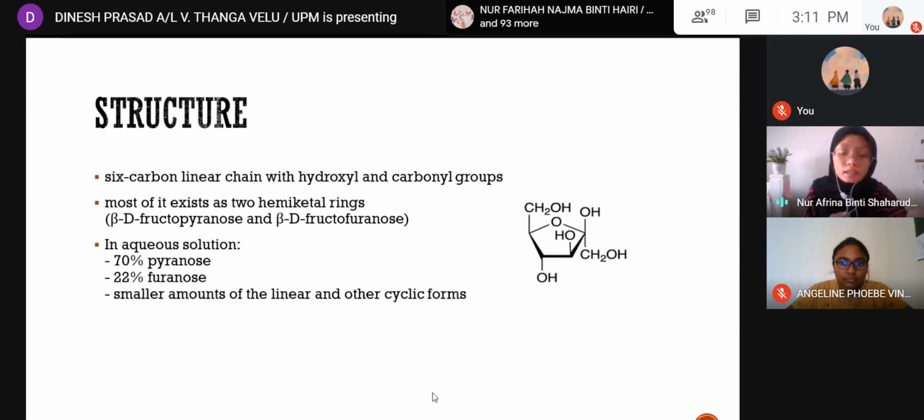So we can see here the structure of fructose that we commonly see. Actually, if we first learned from matriculation or asasi or diploma, maybe the common structure that we have seen is this structure. This structure is named beta-D-fructofuranose.